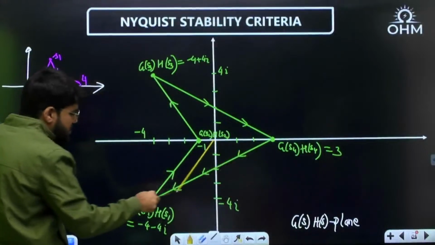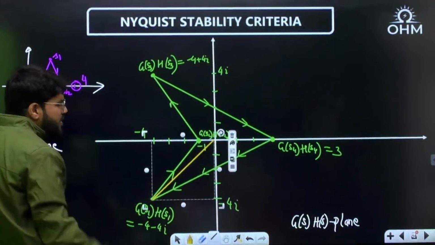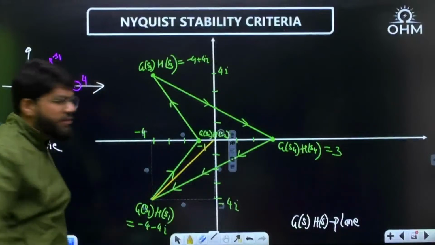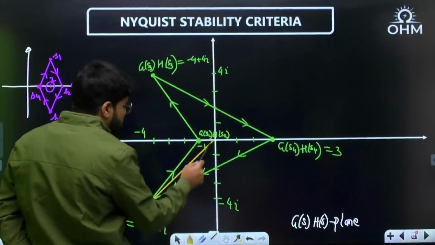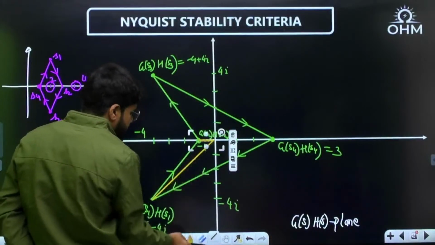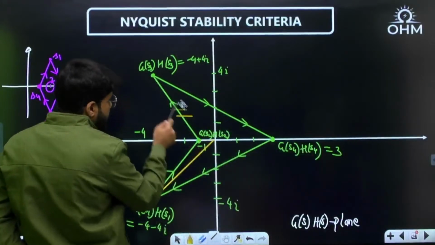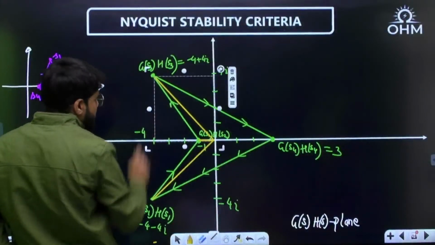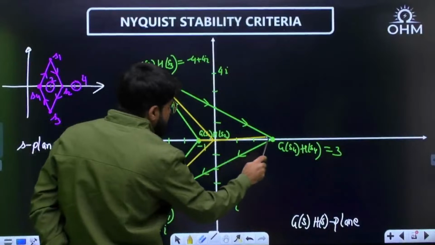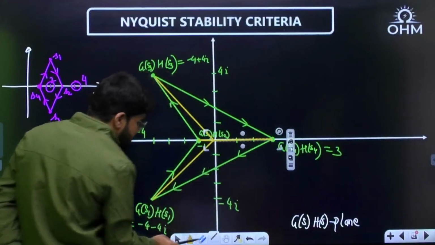Finally, I come back to GS1 HS1. So see what actually happened: I come back to the same initial reference line. If I now draw all the 4 lines, this was the first, second, third, then I reach GS4 HS4, and finally I reach GS1 HS1.